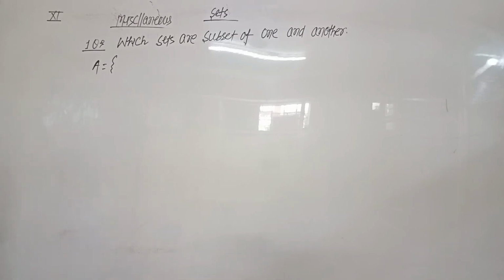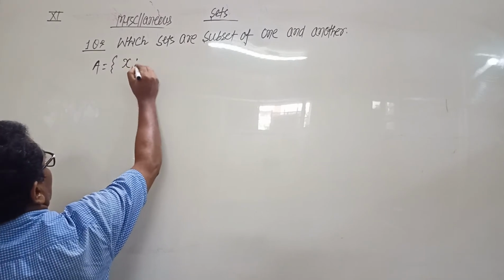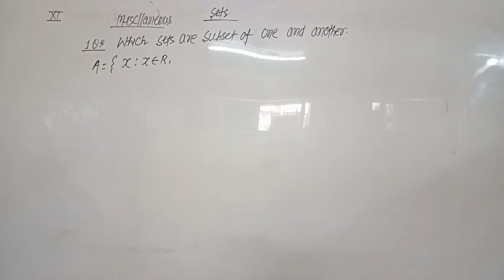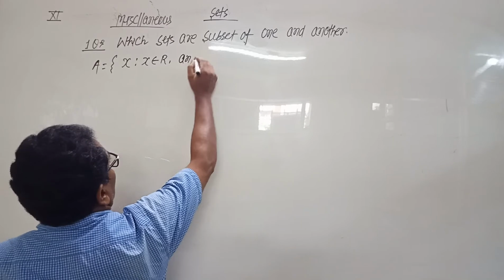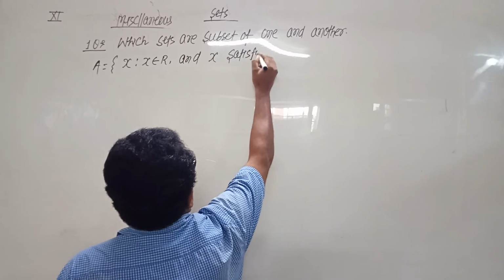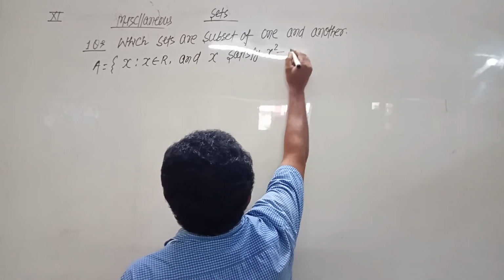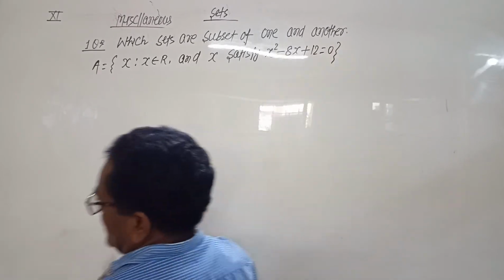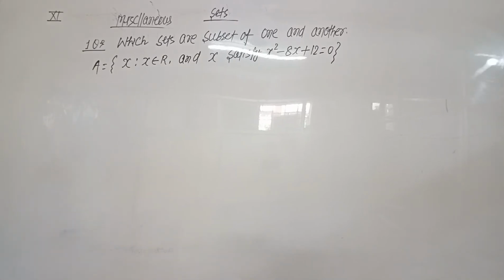A equals x such that x belongs to R and x satisfies x square minus 8x plus 12 equals 0.